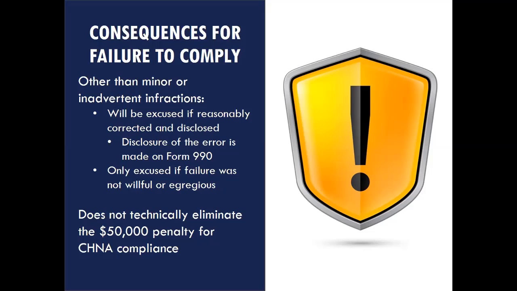So you correct it, you disclose it on your return. If you file a return, if you're a government entity that doesn't file a return, you correct it and you move on. And then situations where you're egregious, you're choosing not to comply, those are the ones where we would see potential revocation.